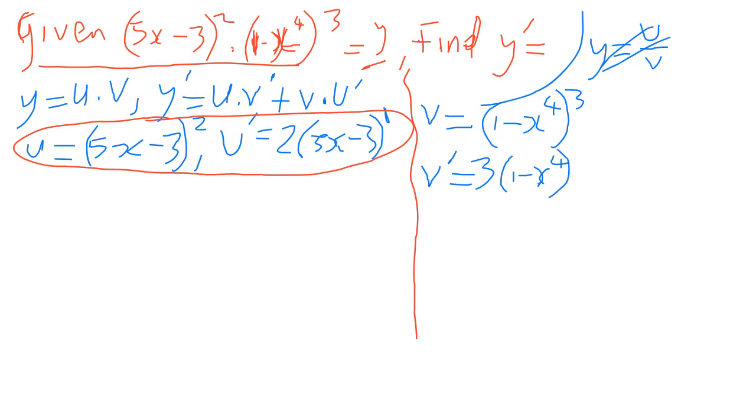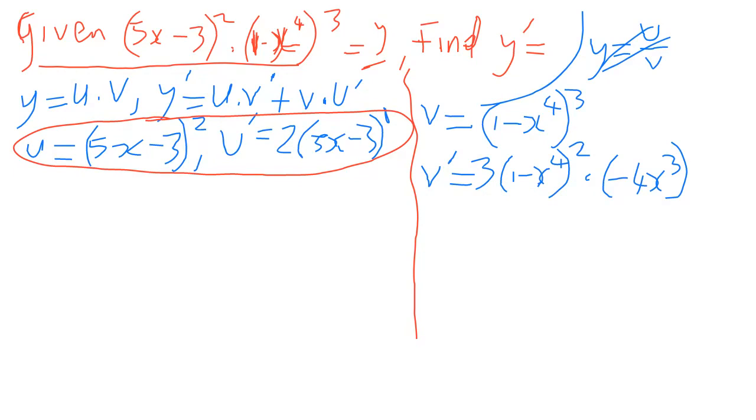Then apply the power rule: 3 minus 1 is 2. Then multiply by the derivative of g of x, which is the derivative of 1 minus x to the 4th, which is minus 4x to power 3. And then I can simplify.